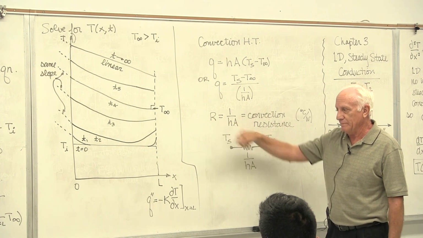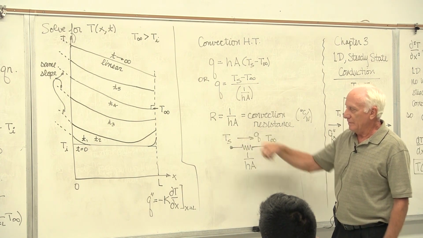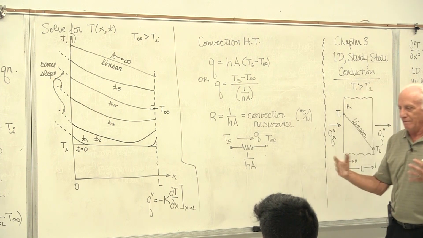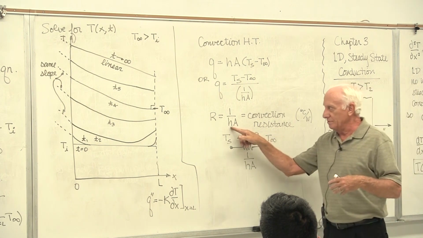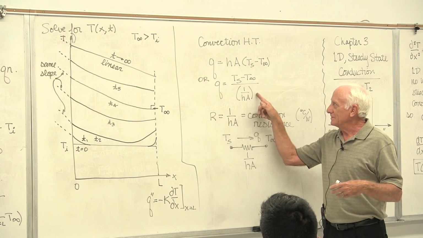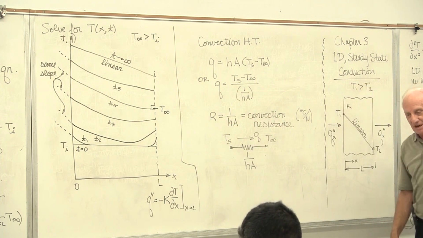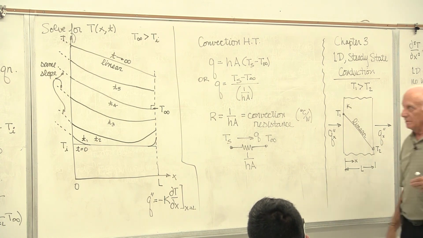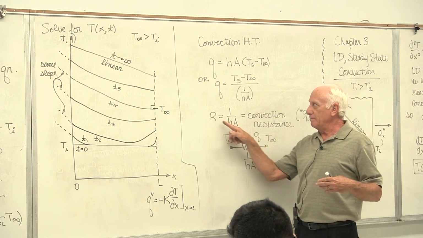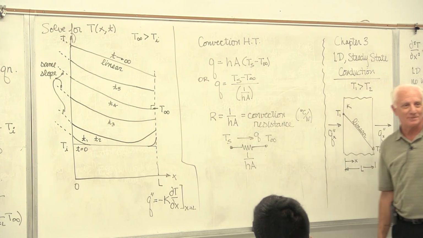So it depends. As you blow air faster over a surface, h goes up. If h goes up, resistance goes down. If resistance goes down, Q goes up. Blow air at a faster velocity over a surface, what happens? h goes up, R goes down, Q goes up. Yep, more heat transfer.